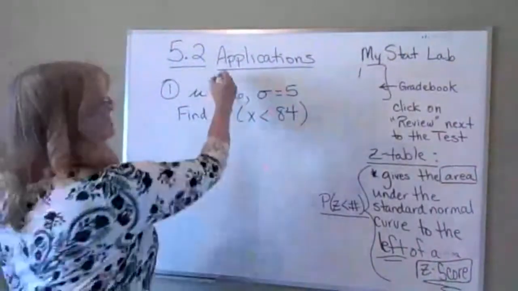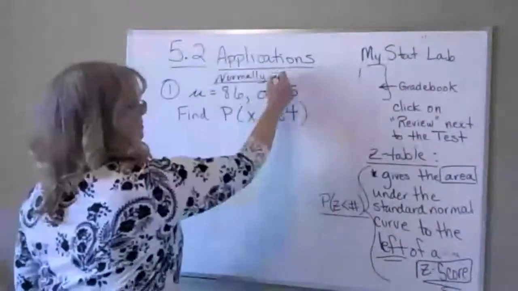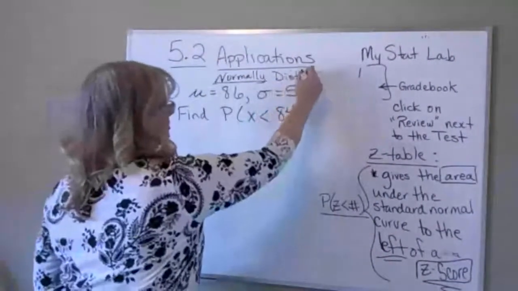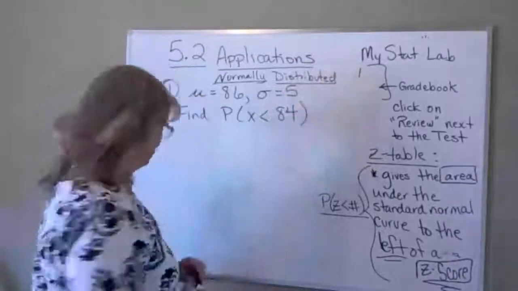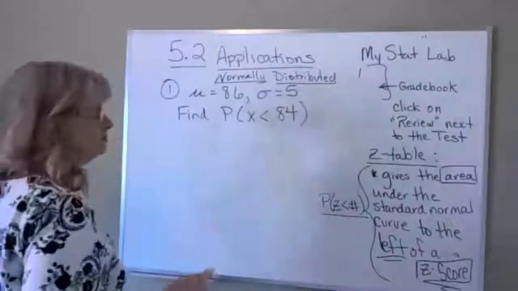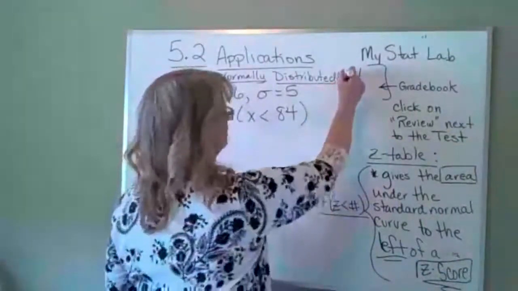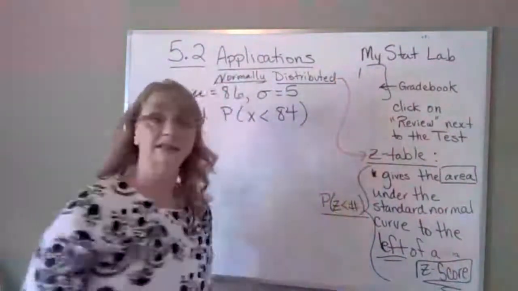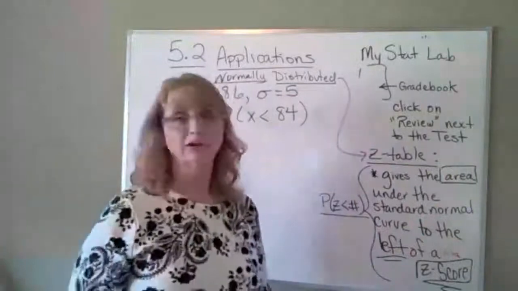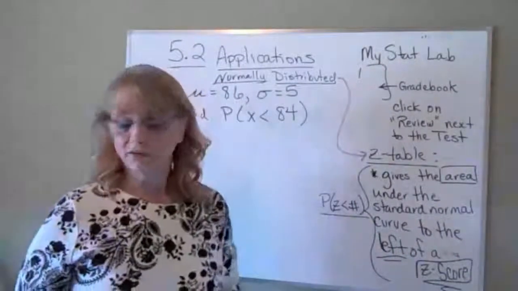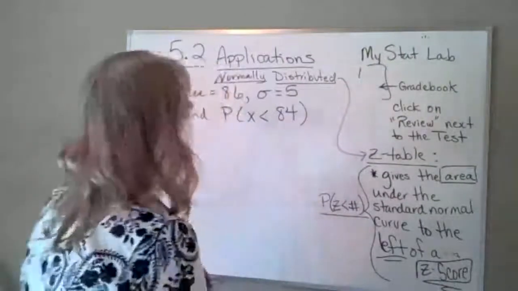Now, since they told us this was normally distributed, these data values are normally distributed. What that tells you is that normally distributed means we get to use the z-table to find probabilities. But the z-table only works if you have the z-score. So the very first thing that we have to do with this problem is we have to take this.